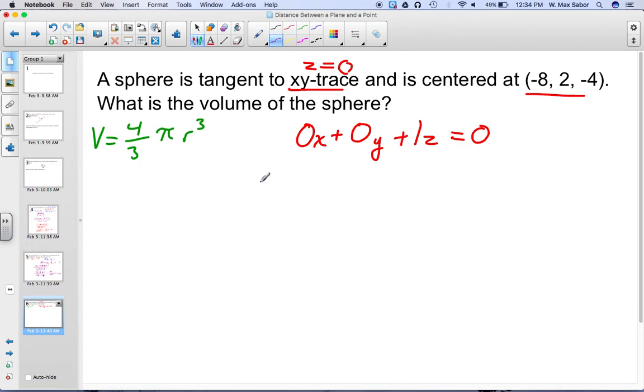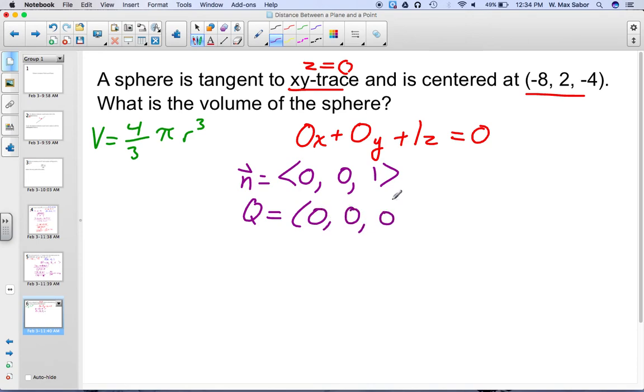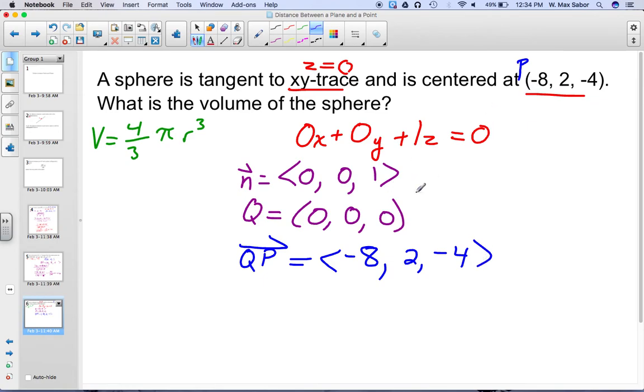So in other words, our normal vector is 0, 0, 1, and our point can be 0, 0, 0. So using Q and P, here's P, we can say that the vector is negative 8, 2, negative 4. That should be straightforward. We're doing negative 8 minus 0, 2 minus 0, negative 4 minus 0.